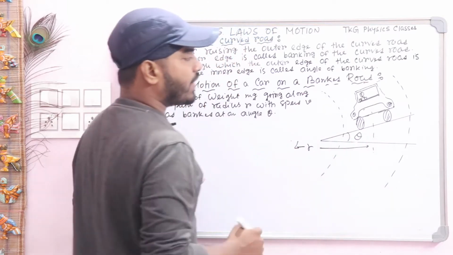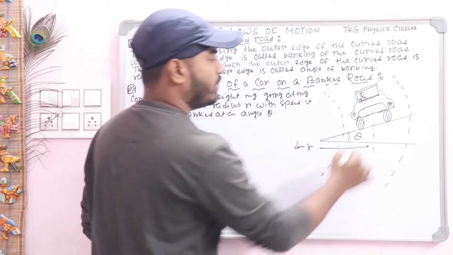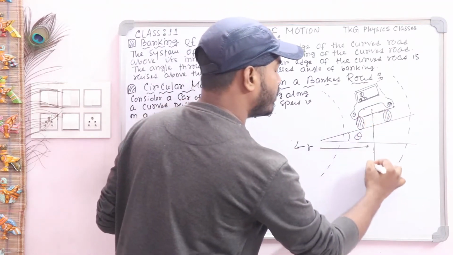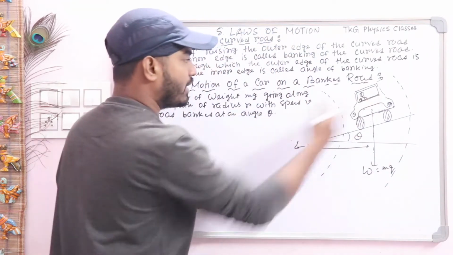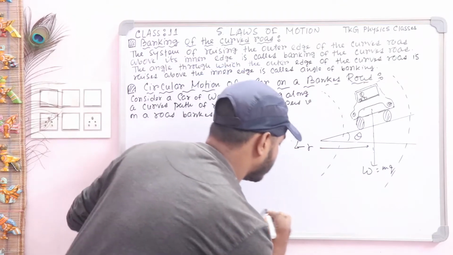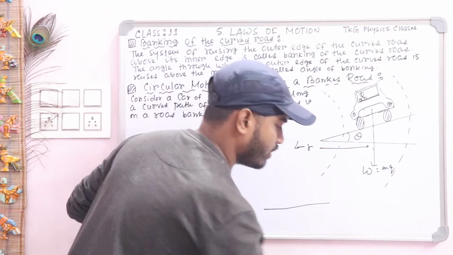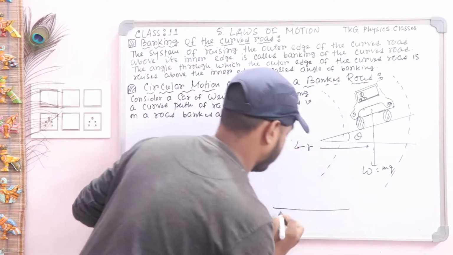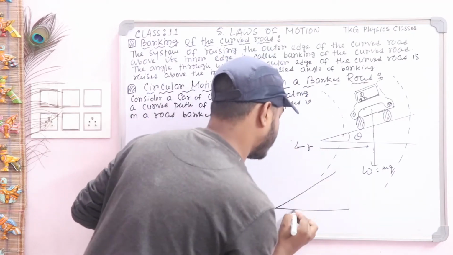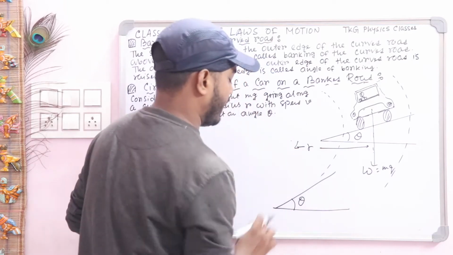Now you see here, the weight of this car is directed vertically downward. Weight W is directed vertically downward. Make this one separately. This is the horizontal line. This is the angle of inclination, the angle of banking.